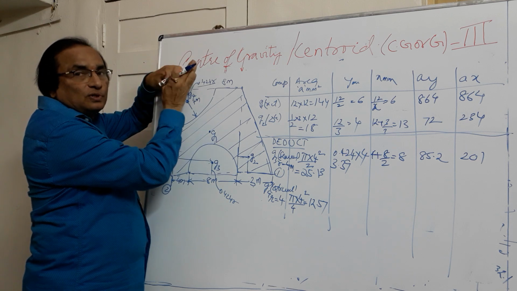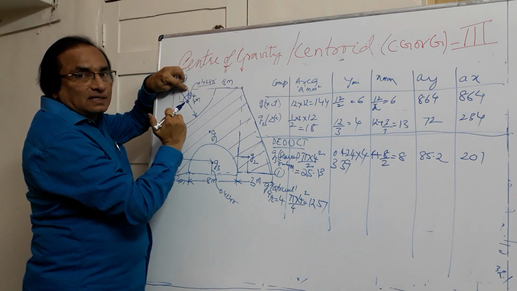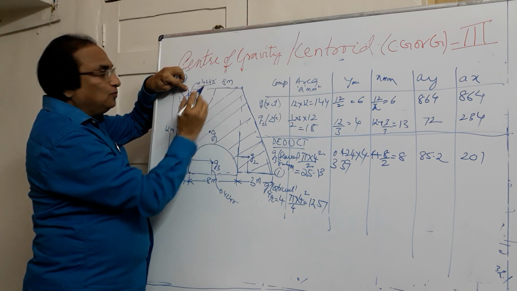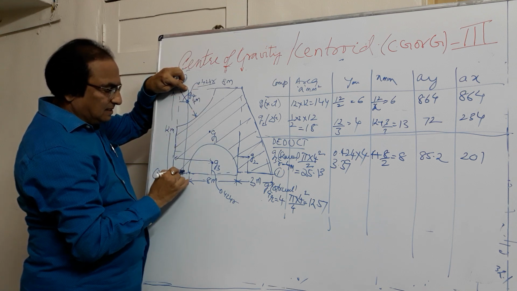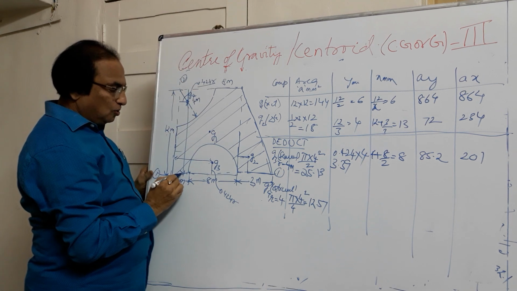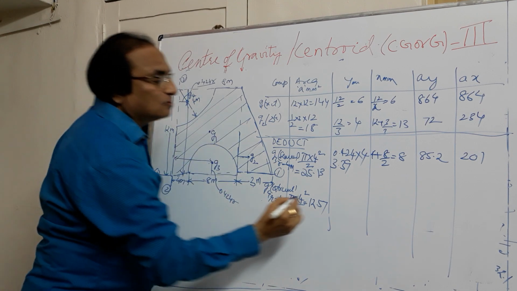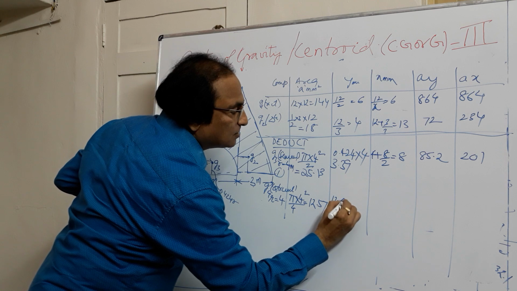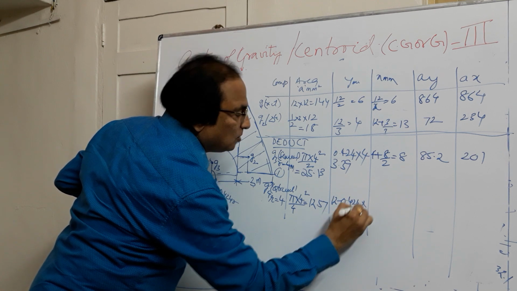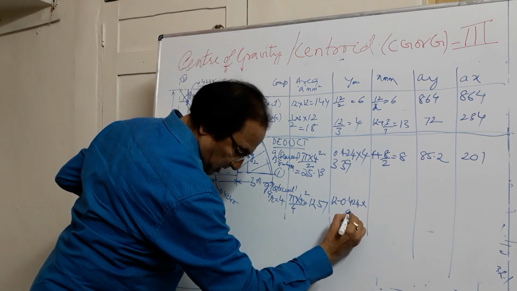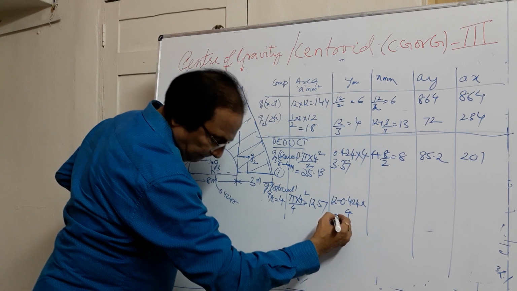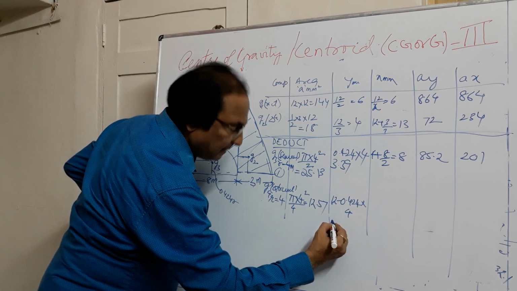So first go up to the diameter, then deduct it by 0.424 r, so that I will be getting this distance. Is this clear? So go up to diameter 12 minus 0.424 r. So this will be equal to 12 minus 0.424 into r is 4 meters. So if we simplify this, it will be 10.3.